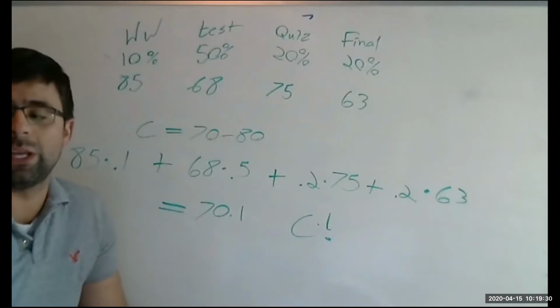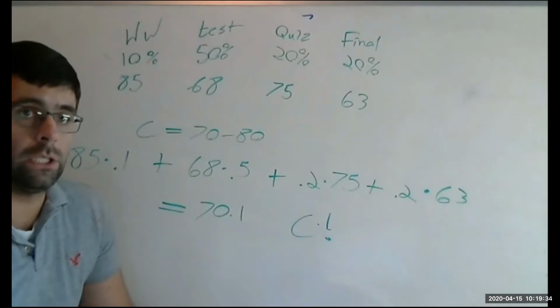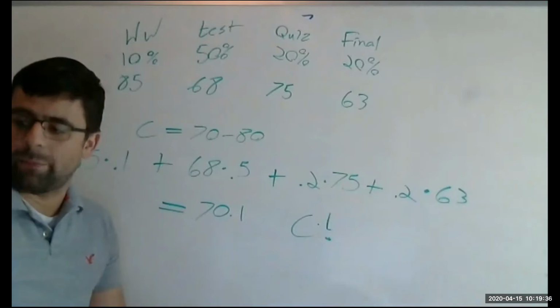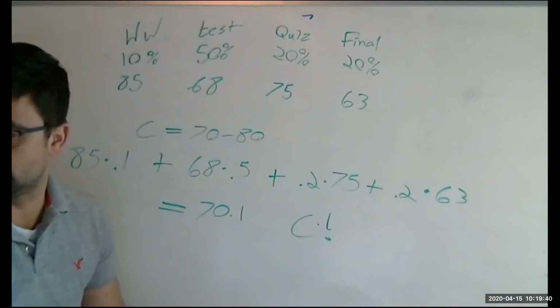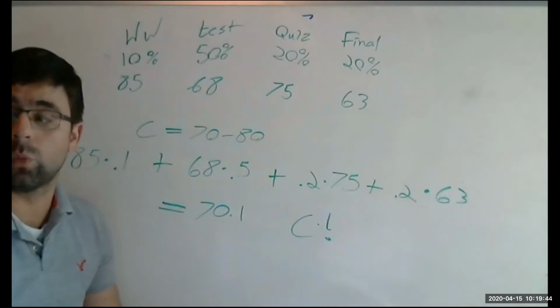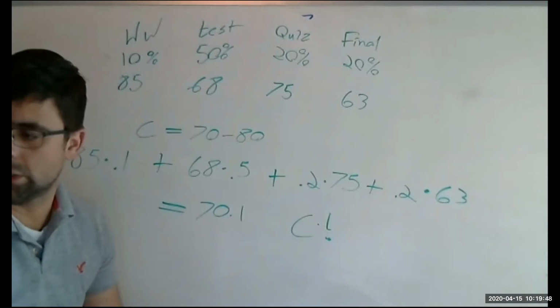This is the basic weighted average structure. Usually, everybody has an equal weight up to now.